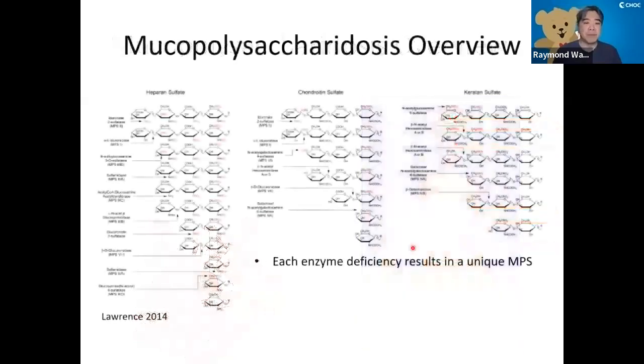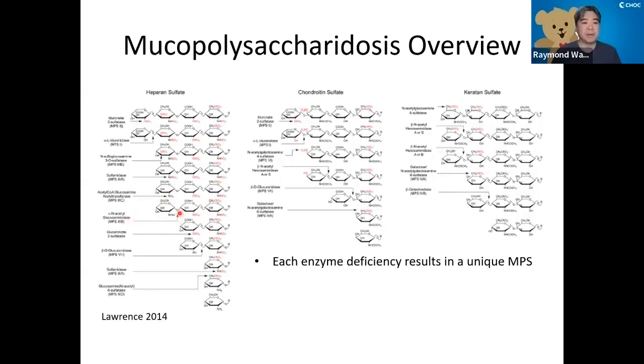Now, I'm a biochemist, but that doesn't necessarily mean that you have to memorize chemical structures. Really, the point of this slide is to show, as we zoom into each of these various sugar polymers, that every step is catalyzed by an enzyme, and the breakdown is successive.